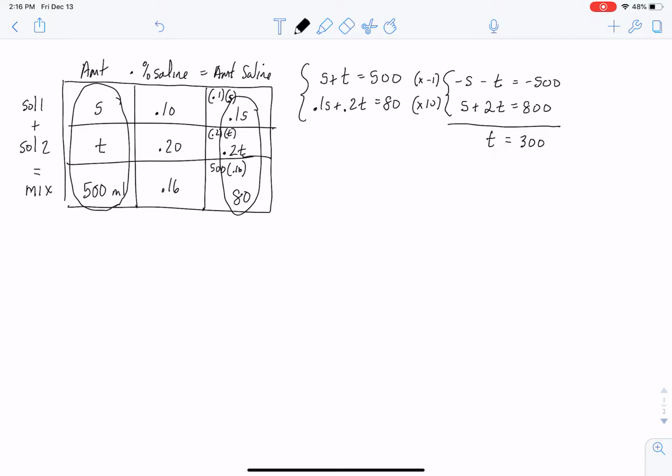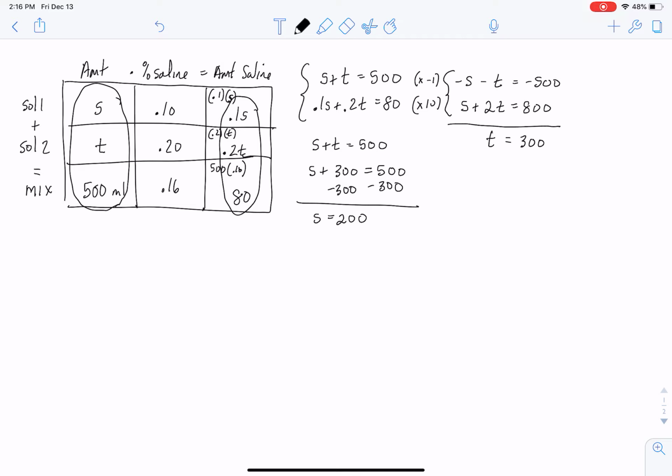So T equals 300. Now S plus T equals 500 is one of the equations. I'll substitute in 300, and I'll subtract 300 from both sides, and we get S equals 200. So now it says how much of each solution do we need?